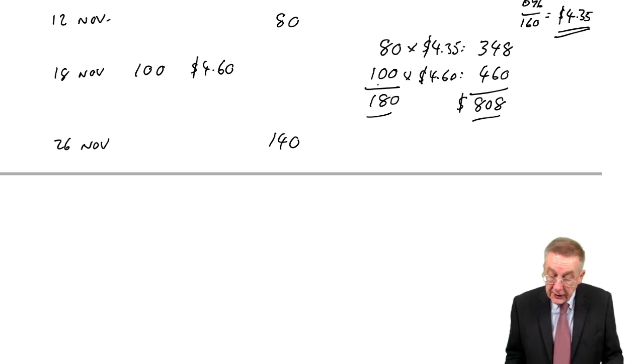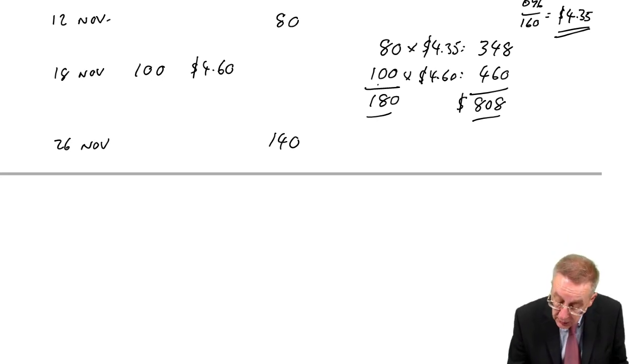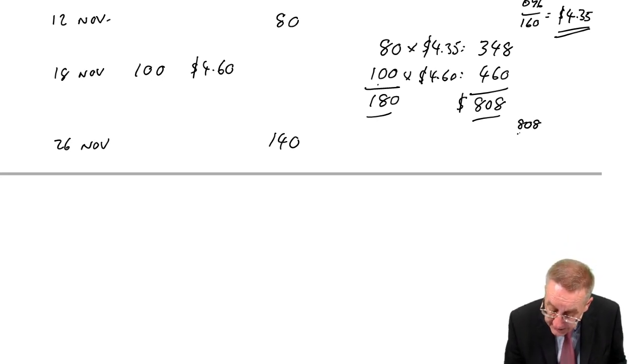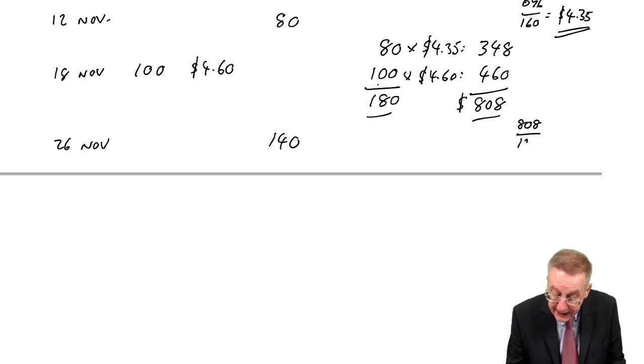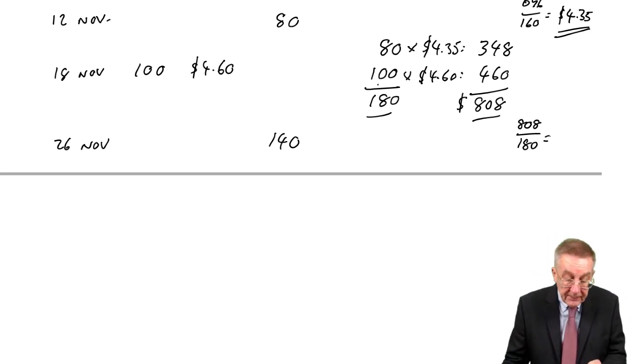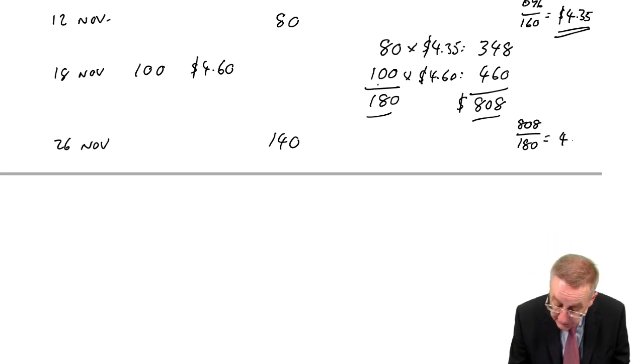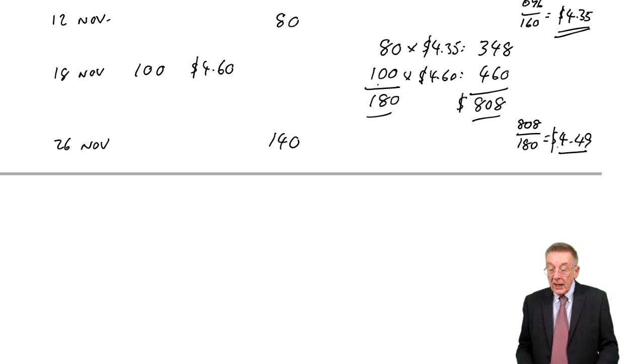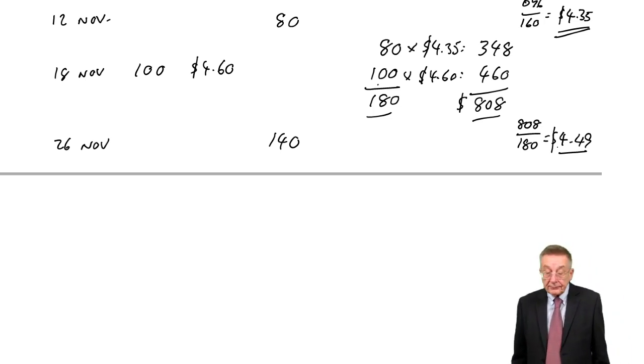And so what's the average cost now? In total, 808 is the total value of the 180 we have. So 808 divided by 180 is, I'll do it to the nearest cent, 4.49 per unit. So the 180 we had at that stage are 4.49 a unit.